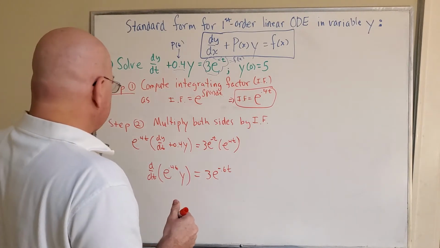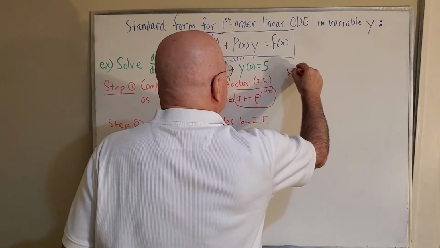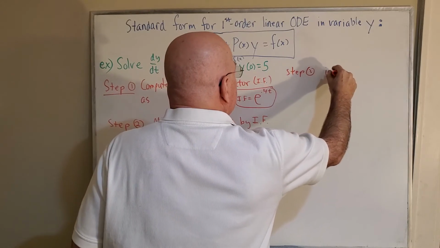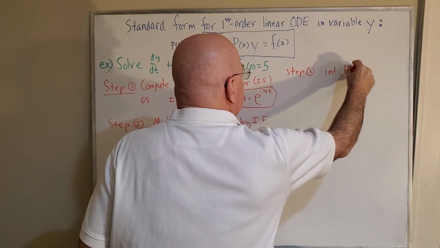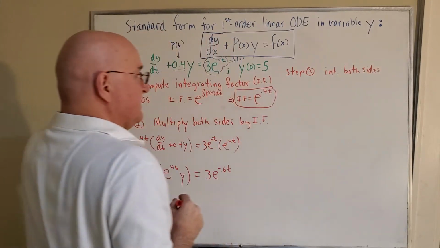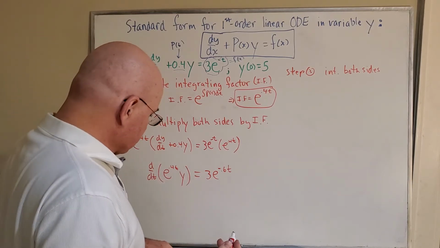So I'm going to do step 3 up here. Integrate both sides with respect to t, of course, and then solve for y. So it's quite simple.